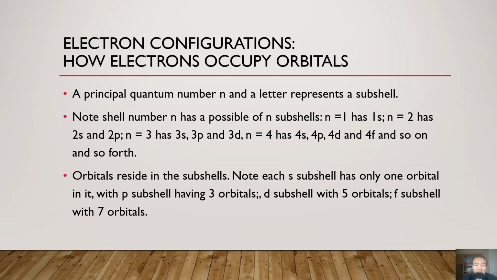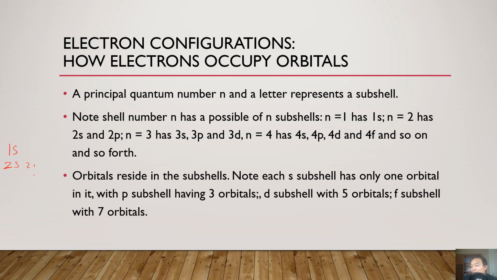Let's quickly summarize everything we just talked about, because this is really, really important. First, a principal quantum number represents a shell, and a letter represents a subshell, okay? In shell number 1, you have 1 possible subshell, which is 1s.